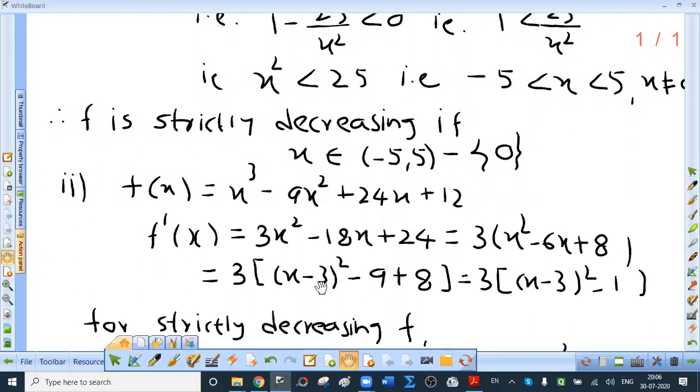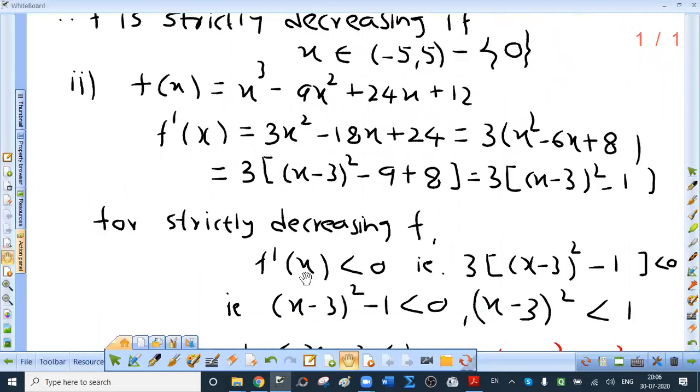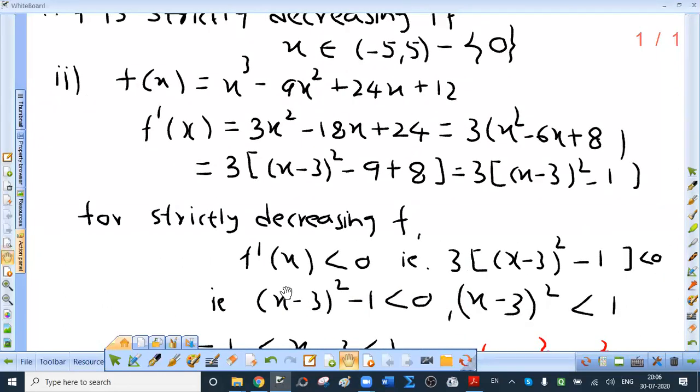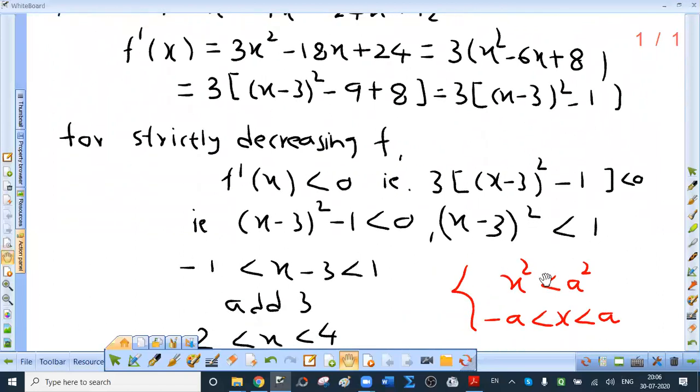Now for a strictly decreasing function, the first derivative should be less than 0. So that gives me 3 times x minus 3 square minus 1 less than 0. Divide by 3. So x minus 3 square minus 1 less than 0. How to solve this inequation? X minus 3 bracket square less than 1. See, x square less than a square means minus a less than x less than a.